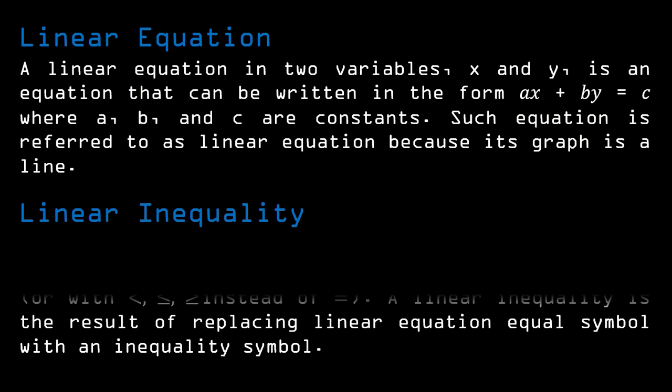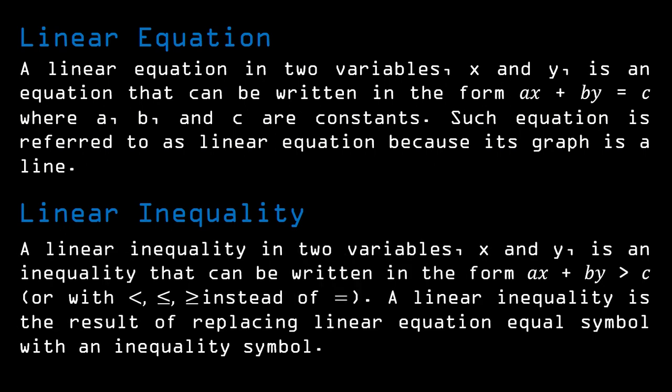While the linear inequality, again in two variables x and y, is an inequality that can be written in the form ax plus by greater than c, or with other inequality symbols such as less than or equal, greater than or equal, instead of the equal sign.